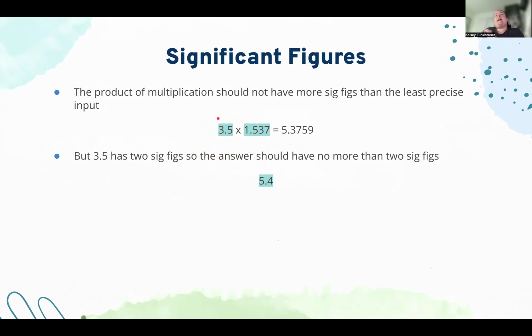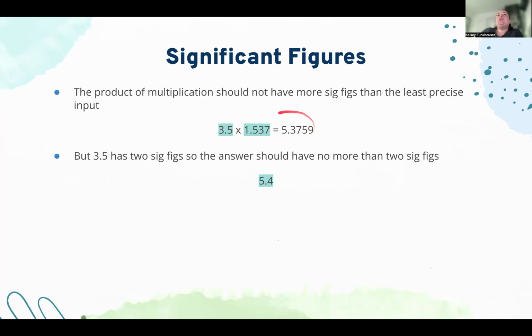Well, actually, sorry, in that example, both of those had the same amount of significant figures. Now, instead, if we have numbers with 2 different sets of significant figures, here we have 2, here we have 4. Our final answer should not have more significant figures than the least precise input. So 3.5 is least precise because it has the fewest significant figures.